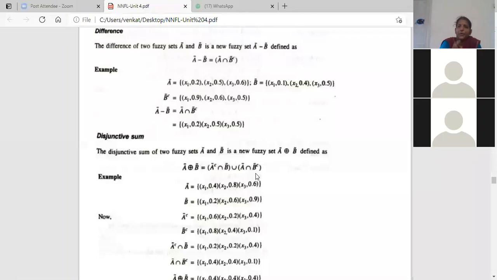So you need to use all the four fuzzy sets: A's complement, B, and B's complement also. So knowing A and B, you can perform this disjunctive sum. You need to calculate A's complement and B's complement also.